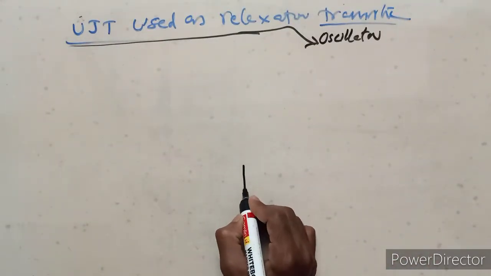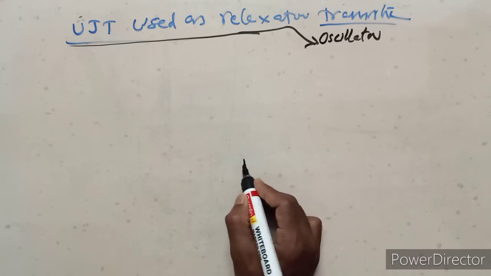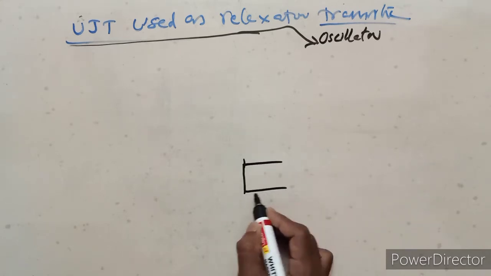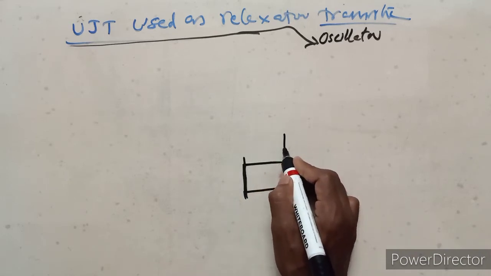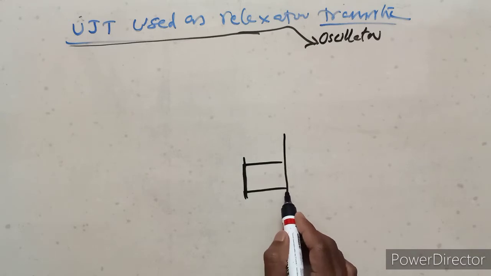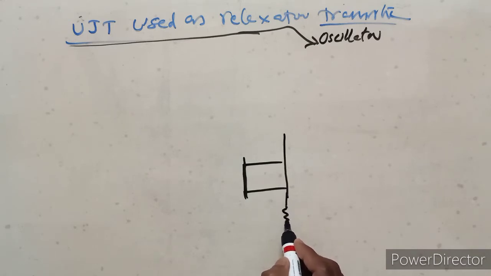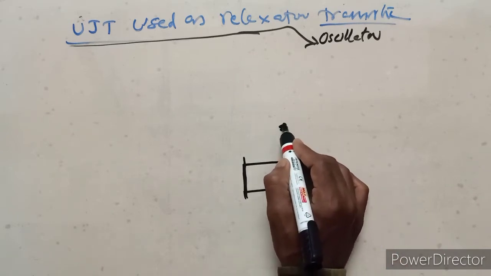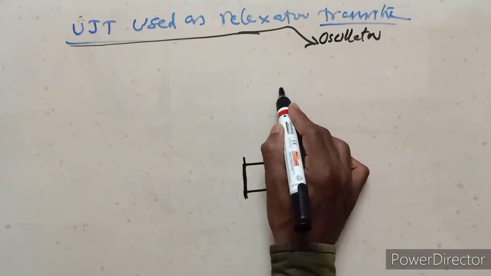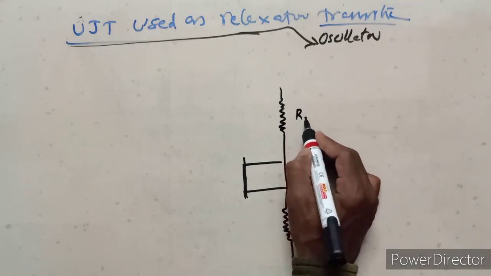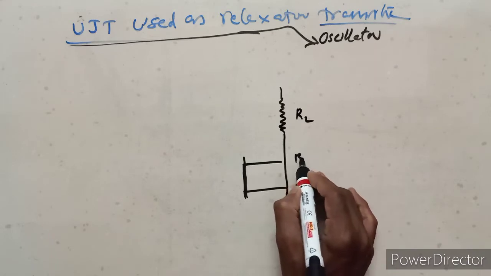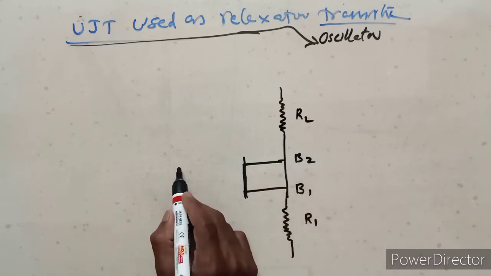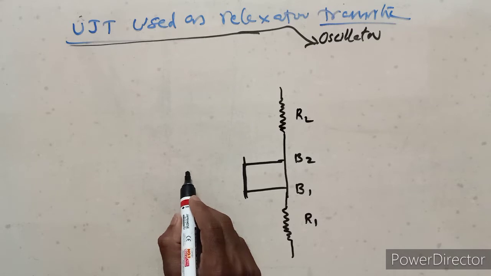This is one resistance, this is the second resistance, R2, and this is R1. This is base 1, this is base 2, this is the emitter.